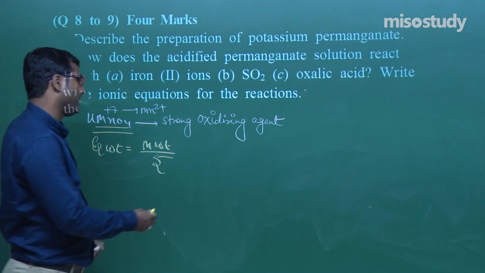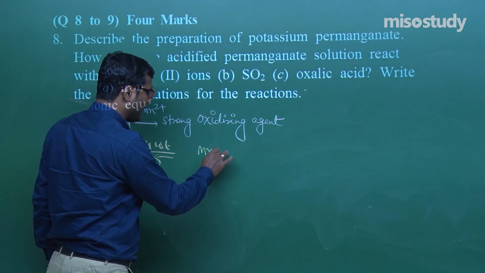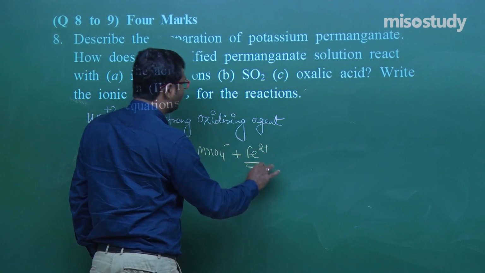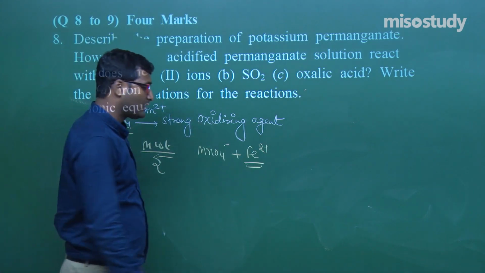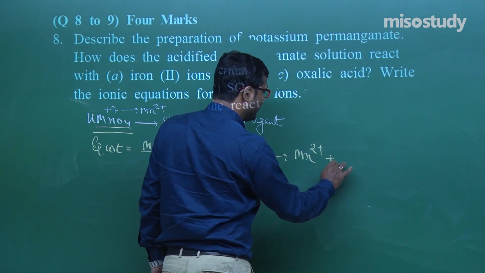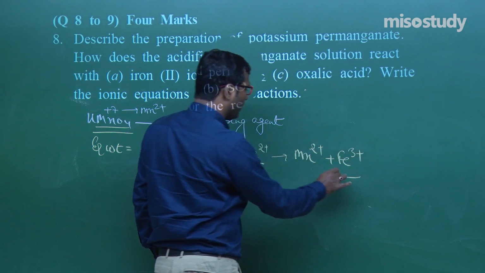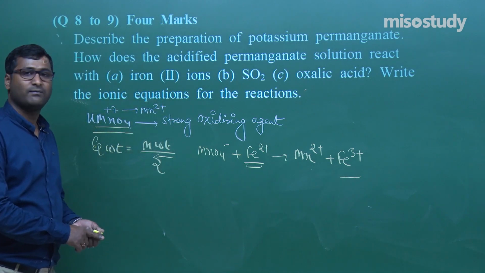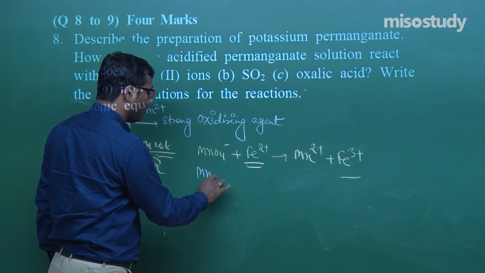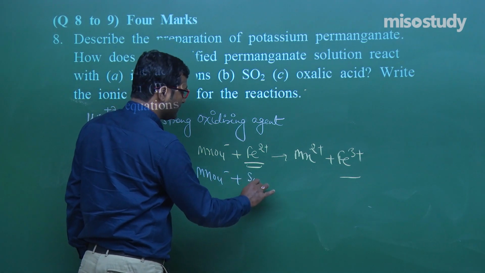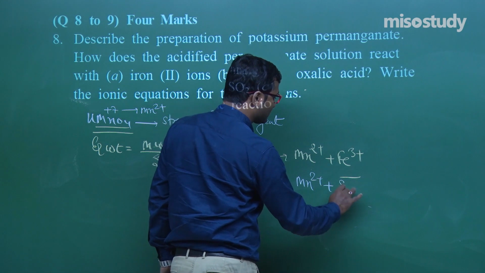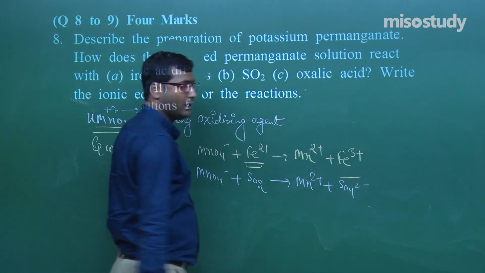Now what will happen is very simple. MnO4 minus when treated with Fe2 plus, that is iron 2 ion, gives you Mn2 plus and Fe3 plus. It oxidizes Fe2 plus to Fe3 plus, my friend. Similarly, MnO4 minus when treated with SO2 gives you Mn2 plus and sulfate ion SO4 2 minus.